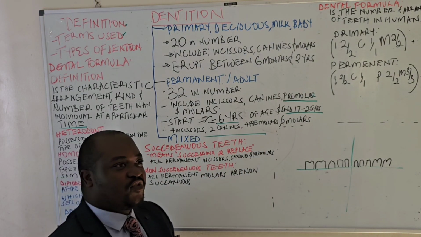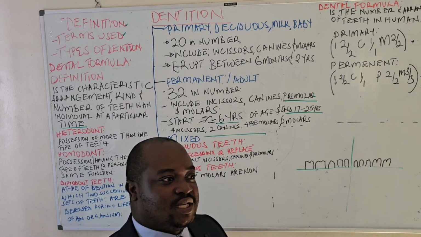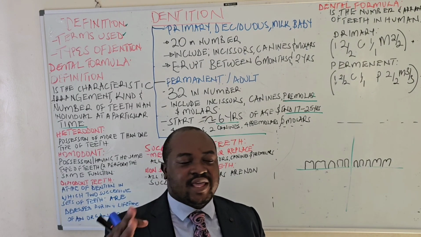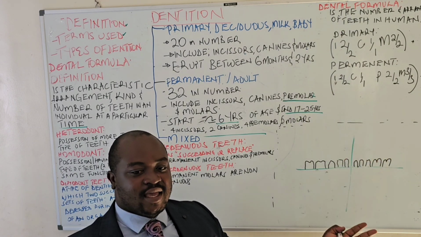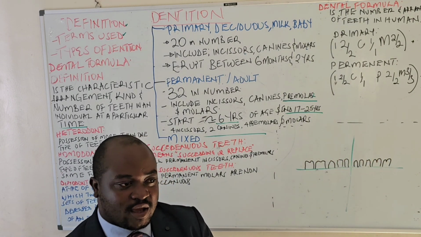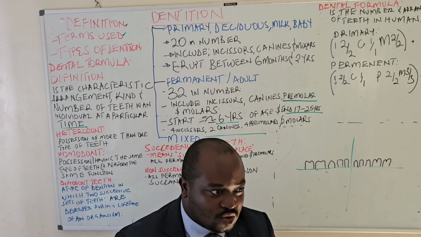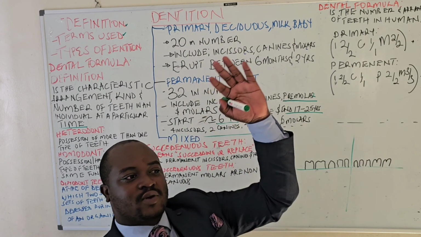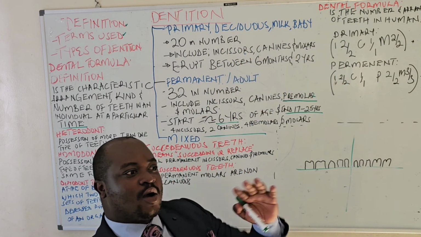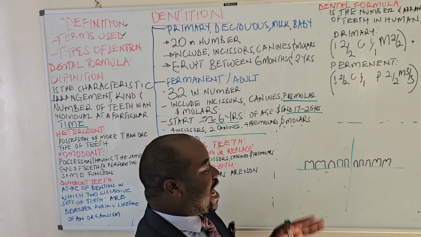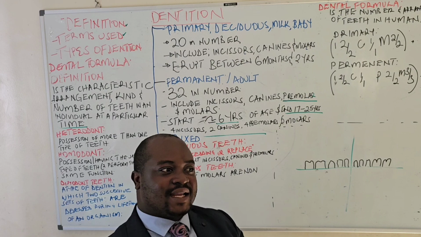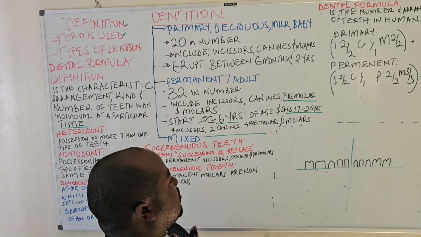So it is time for eruption. We shall look at eruption in detail, and we shall define eruption when we reach there in the next video, as the movement of teeth from their position in the jaw to the position in the oral cavity. Remember, these teeth are already formed, but now we are on dentition, how they appear in the mouth, their characteristic kind at a particular age.